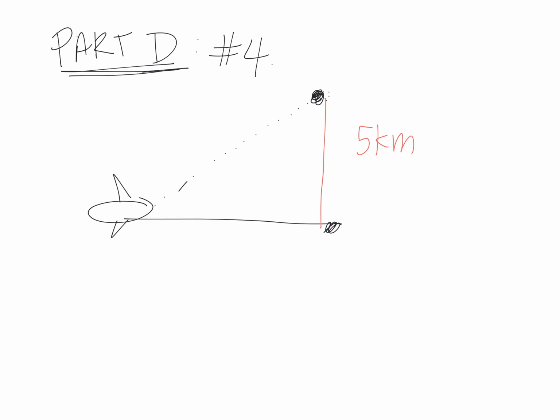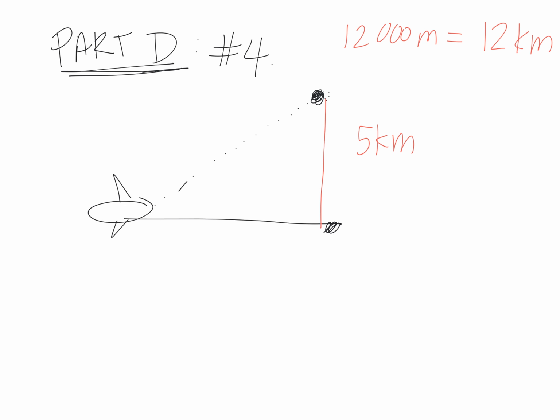And it has traveled a horizontal distance of 12,000 meters. Your units need to be the same. 12,000 meters equals how many kilometers? How many meters are in a kilometer? 1,000 meters are in a kilometer, so 12,000 meters equals 12 kilometers.